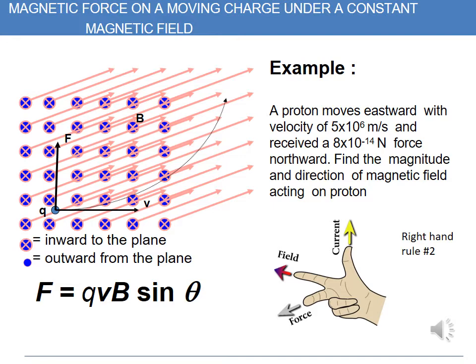Using your right hand, the direction of current is indicated by your thumb, the direction of the magnetic field by your index finger, and the direction of the magnetic force by the middle finger. As a convention, the direction of the current is the same as the direction of a moving positive charge.